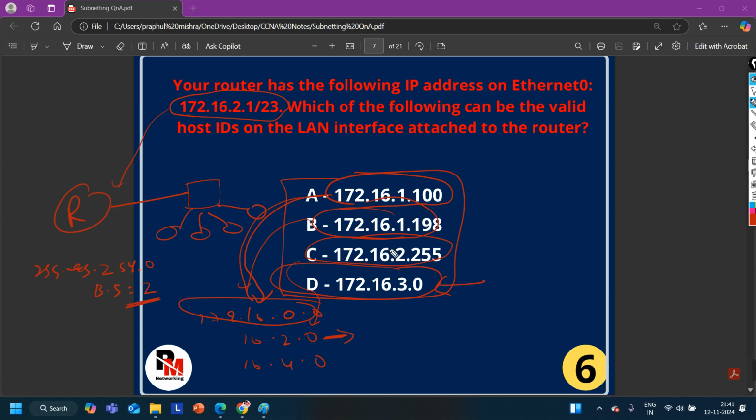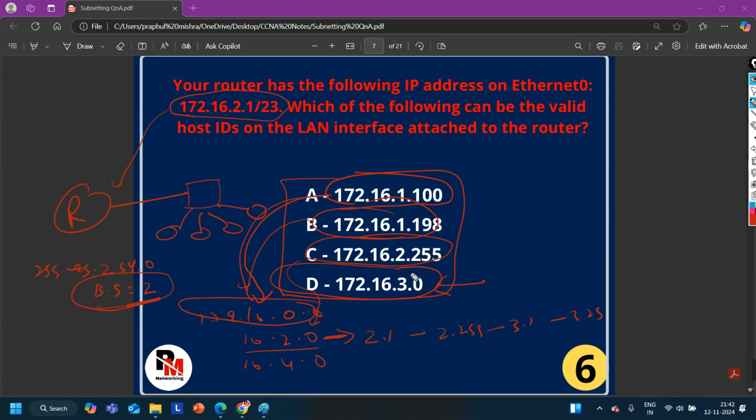See, this is the network, so first IP 2.1, like this 2.255, then 3.1, then 3.255, like this. This actually, block size is only 2. Yes, that 2.255 is enough, sir.